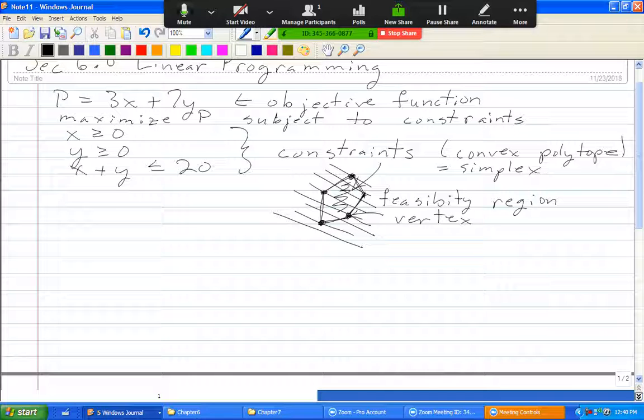Or possibly, of course, if your constraint equation and your objective were parallel to each other, it could be that it's maximized all along either a vertex or along one of the sides.